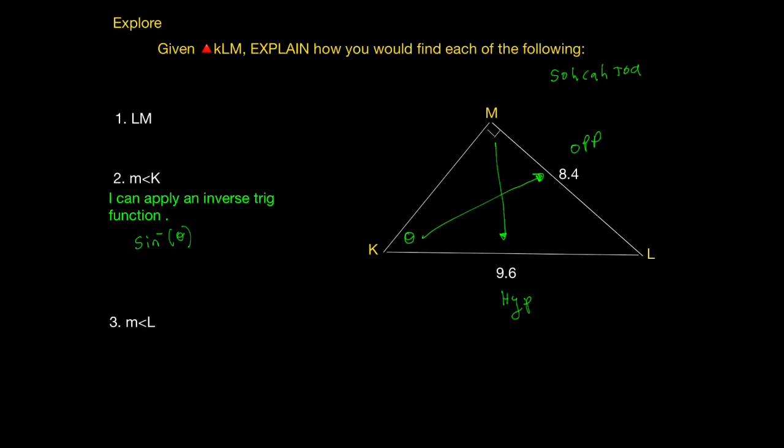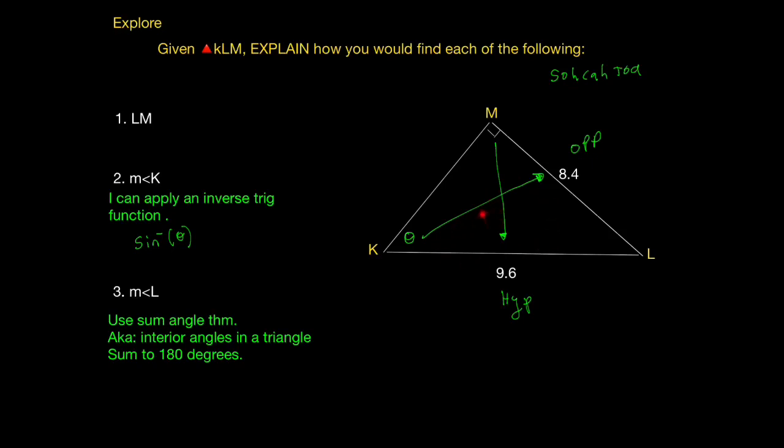So let's strategize how to find measurement of angle L. Now notice, once I find the measurement of angle K, I'm going to have two known angles. I'm going to have this 90 degree angle, and I'm going to have this angle K, or angle theta. So to find angle L, I'm going to use the sum angle theorem, aka the interior angles in a triangle sum to 180 degrees.